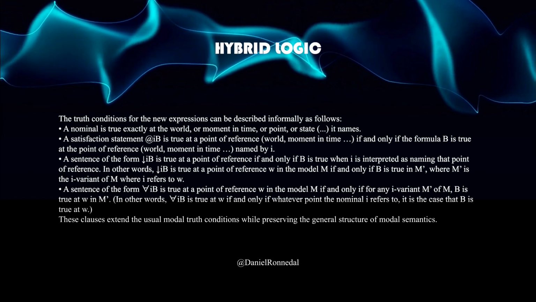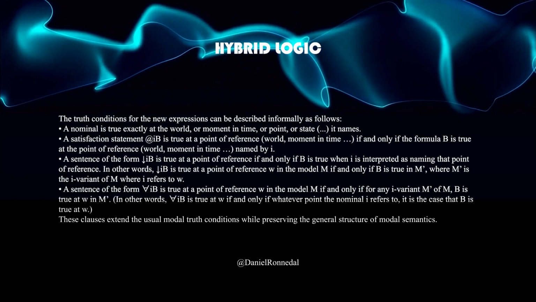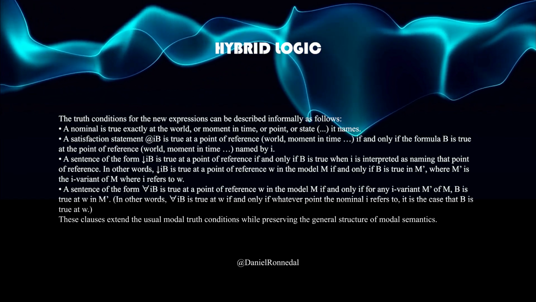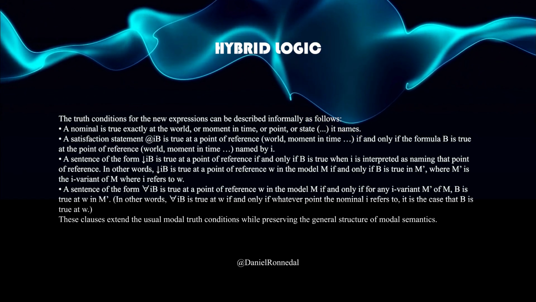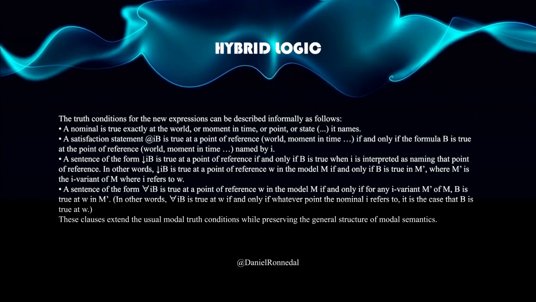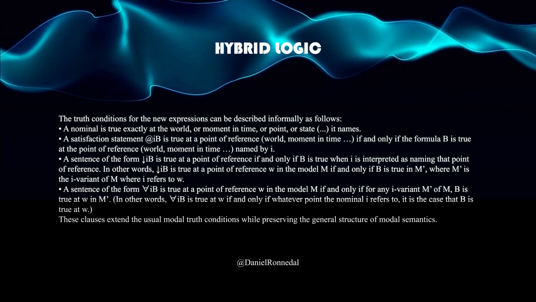named by I. A sentence of the form down arrow I, B, is true at a point of reference if and only if B is true when I is interpreted as naming that point of reference.